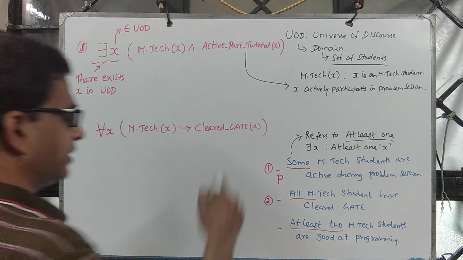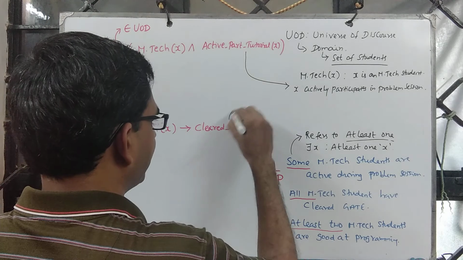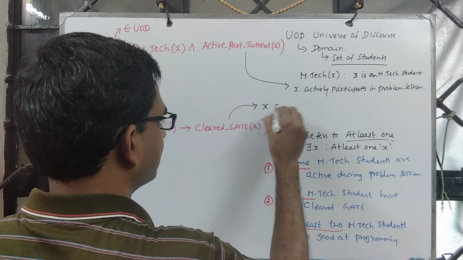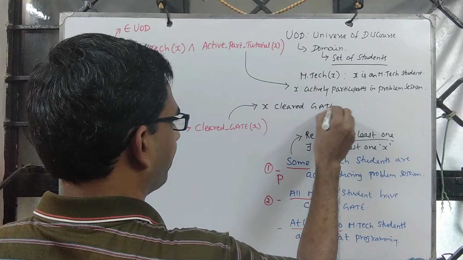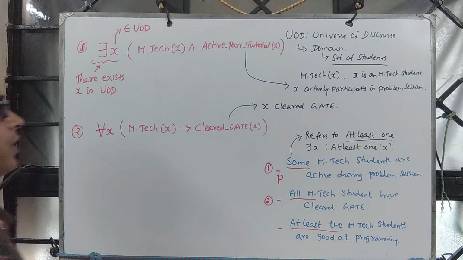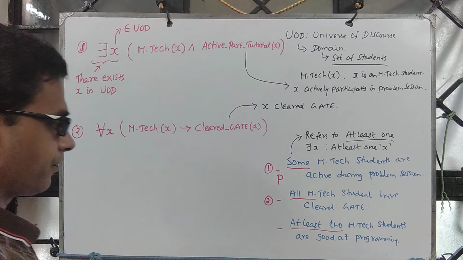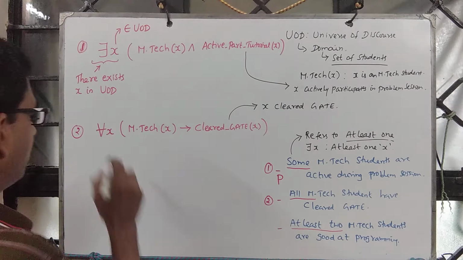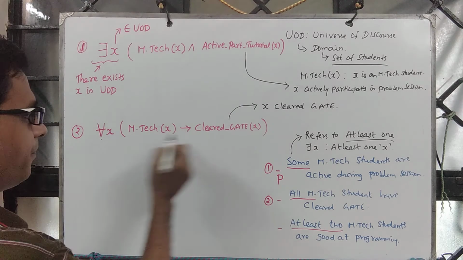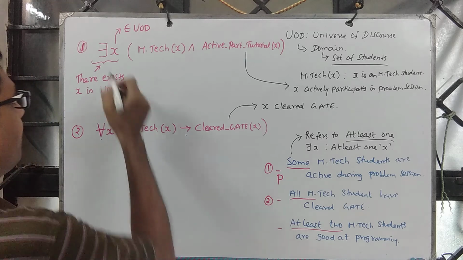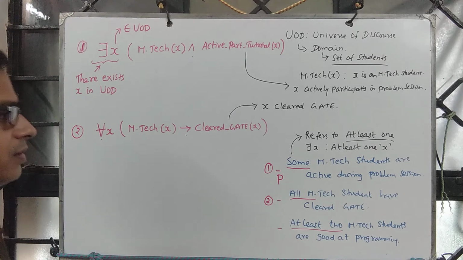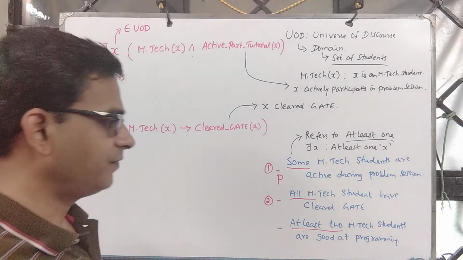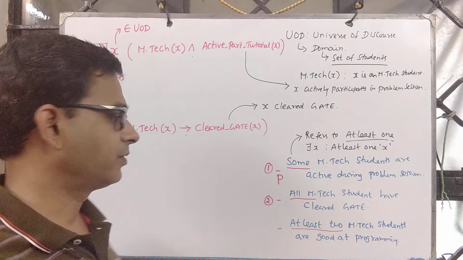This is a predicate. This predicate says x cleared gate. Please note, when I use for all, I write implication. When I use there exists, I use and. Make a note of it. We will justify a little later.